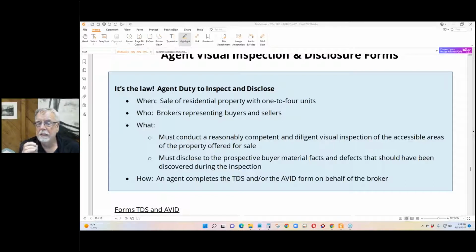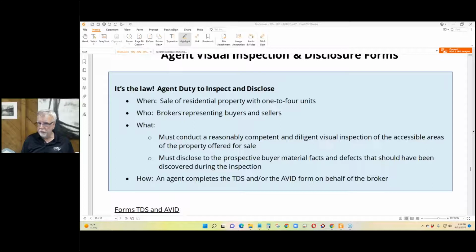So let's say the seller misses something on the TDS. Let's say you as the listing agent miss that same thing on your AVID, but the property inspector sees it and highlights it, and you've given a copy of the property inspection to the buyer. The buyer can't say that you didn't disclose it, right? The buyer can't really say that because it was in the property inspection.